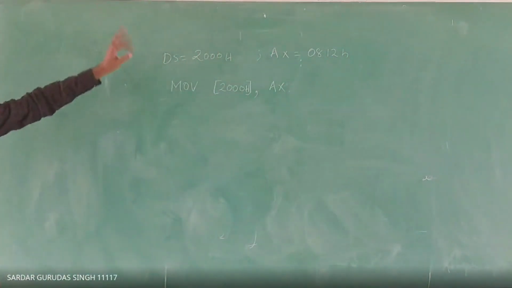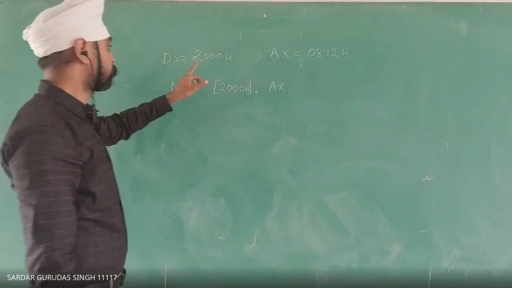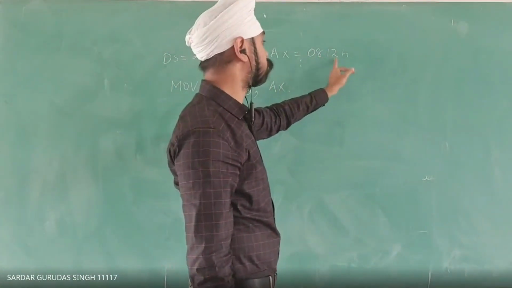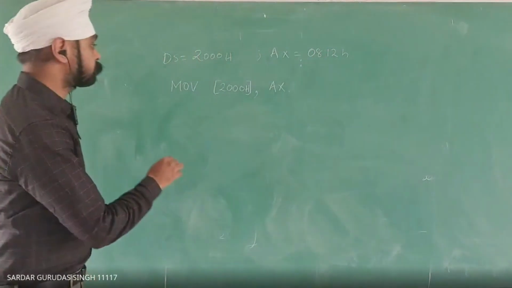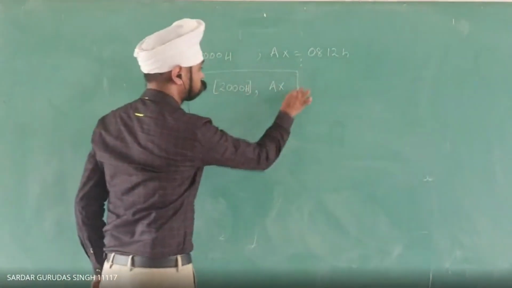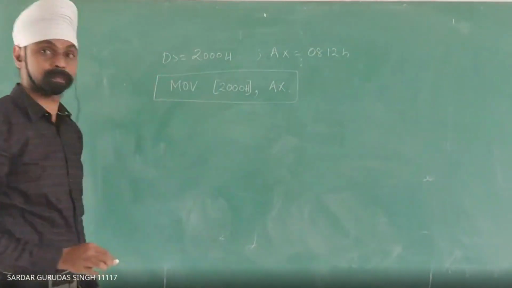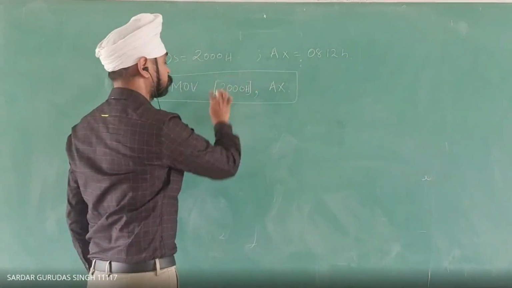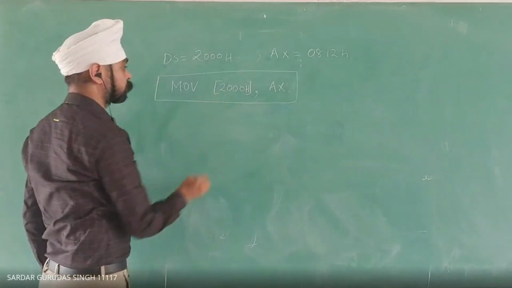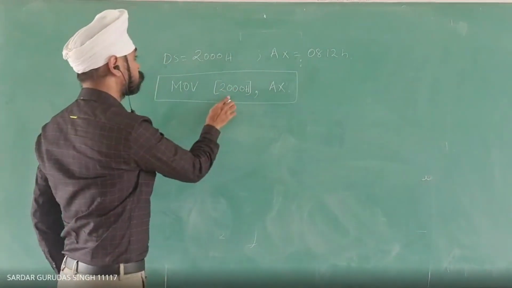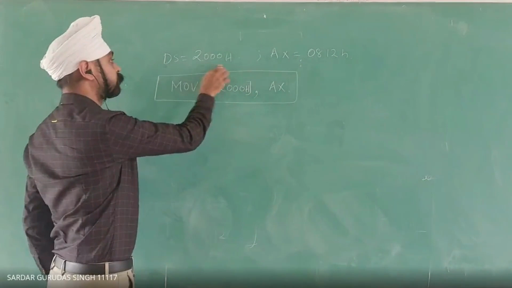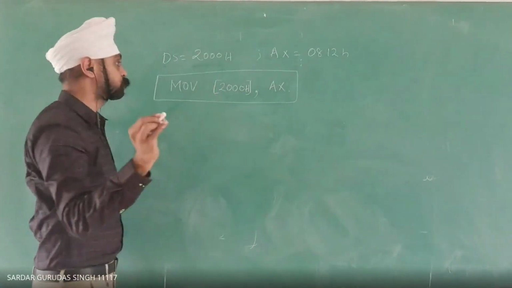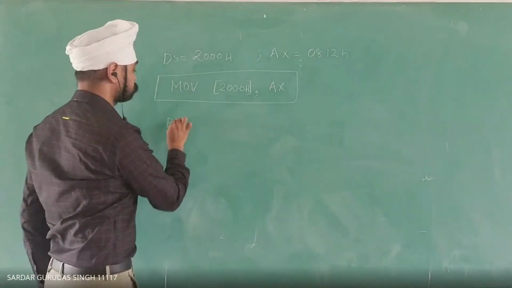Then what will this instruction do? Simply, first of all, this thing is considered as effective address. So this effective address must be added with the starting address to get the physical address. First you need to calculate the physical address.